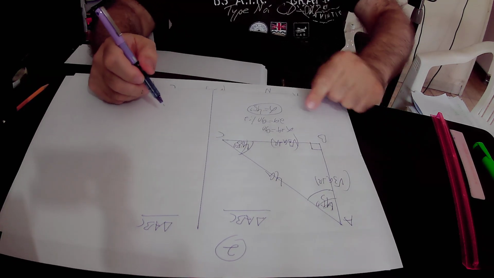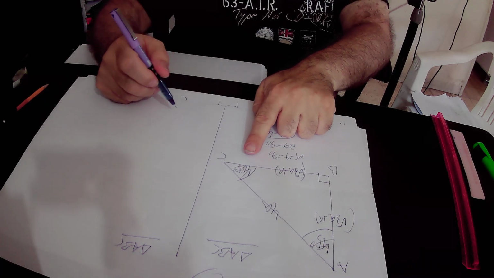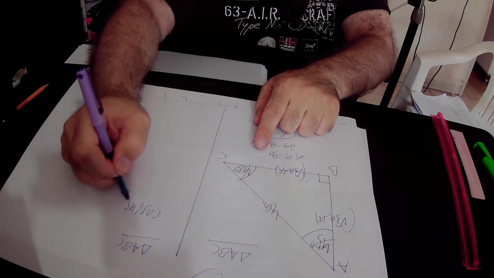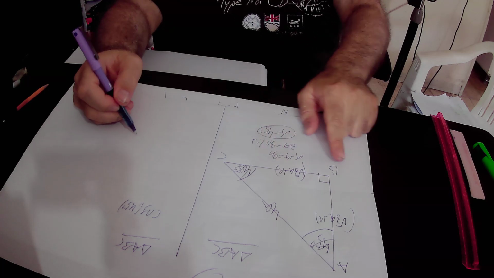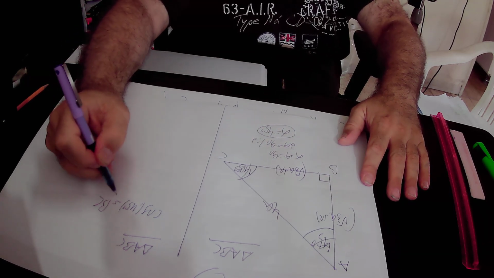We continue to focus on the right triangle ABC. If we focus on this angle, we get that cosine 45 degrees is equal to BC over AC.